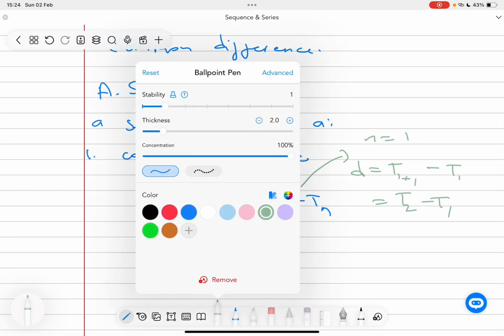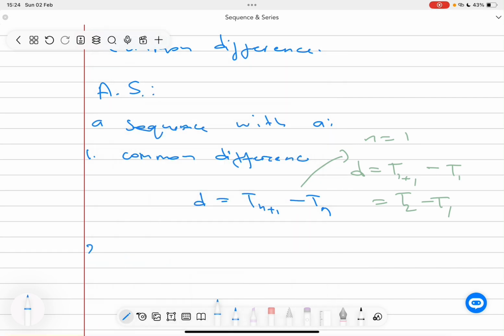The other property of an arithmetic sequence is that it has the nth term, or what we call the general formula, because the nth term and the general formula are actually the same thing, as we have explained.